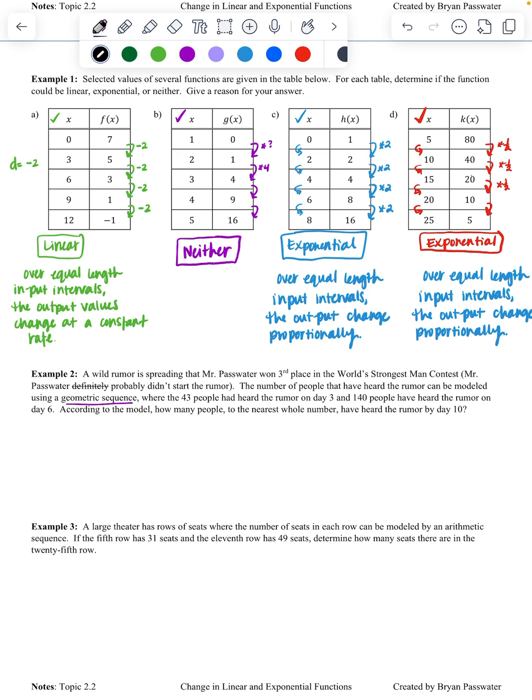So I'm immediately thinking about all my g sub n's being our kth term times our common ratio to n minus k. I'm thinking about that formula. And I see 43 people heard the rumor on day 3. So I can say day 3, g sub 3 would be 43 people.